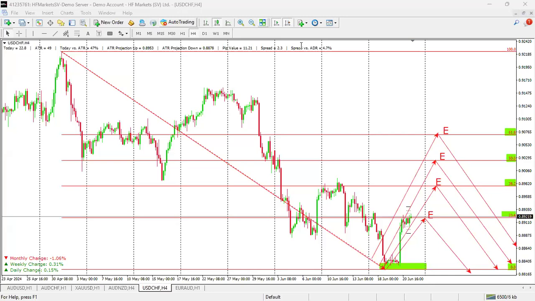Now, it is not possible for price to get to 61.8 without crossing 50.0. It is also not possible for price to get to 50.0 without crossing 38.2. It is also not possible for price to get to 38.2 without crossing 23.6.